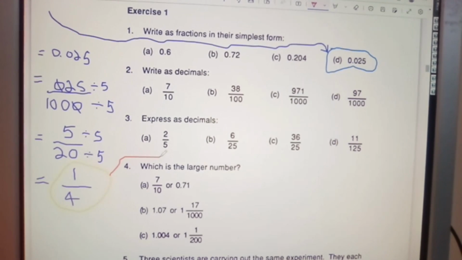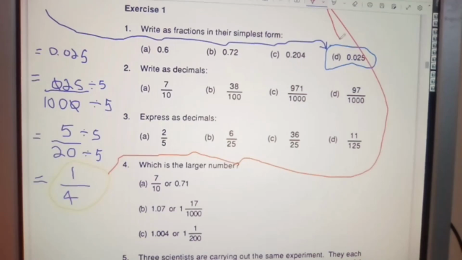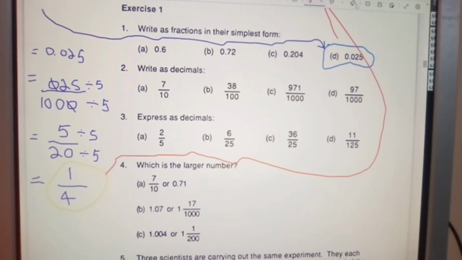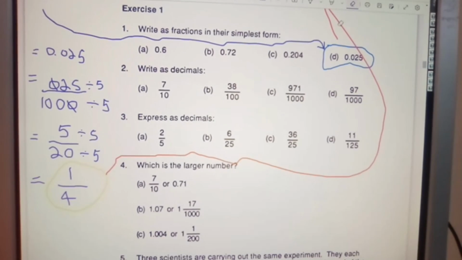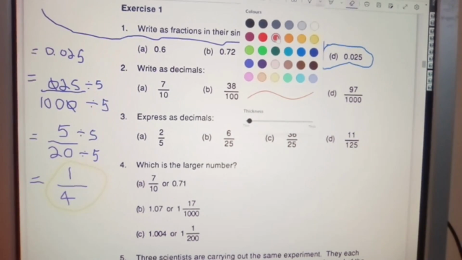It's equivalent to, in its simplest form, oh come on. Okay, in its simplest form, equivalent to, let's try that again.